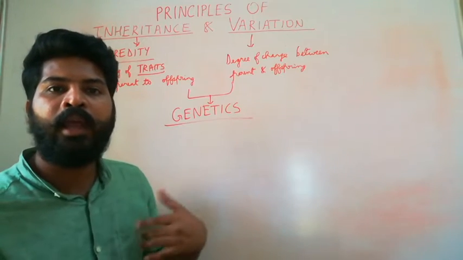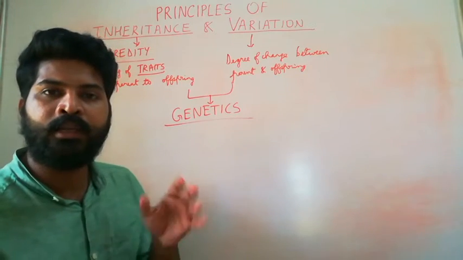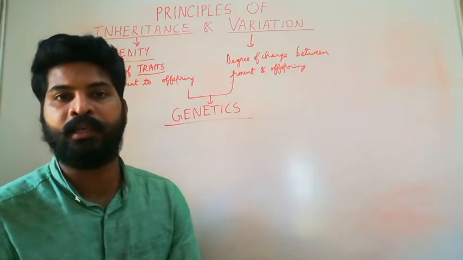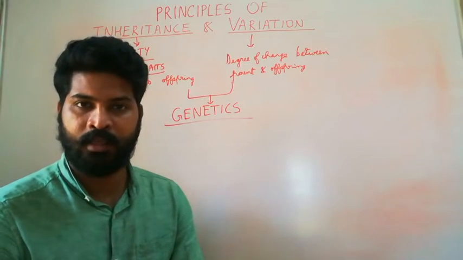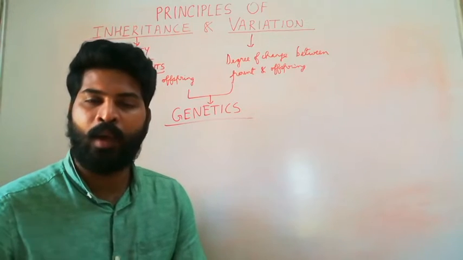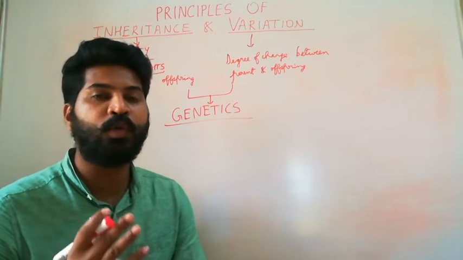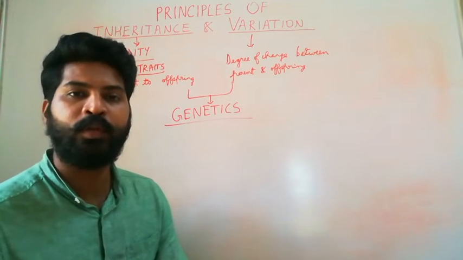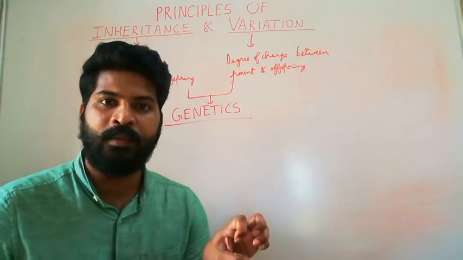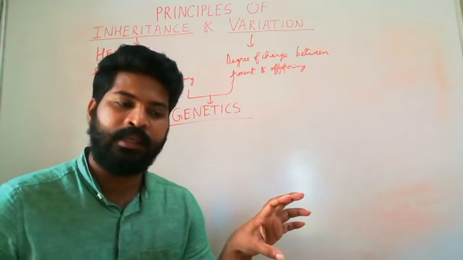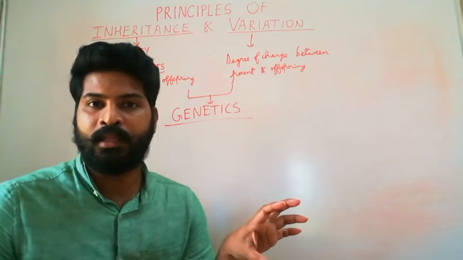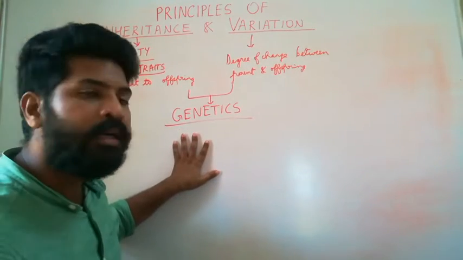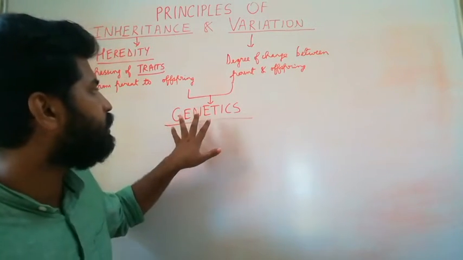Genes are hereditary units that reside on the chromosome. Chromosomes are present inside the nucleus of a cell. When a cell divides, the chromosomes are also equally distributed between the two cells. Therefore, the basic information present in one cell is distributed to another cell. So, such basic hereditary units are called genes.